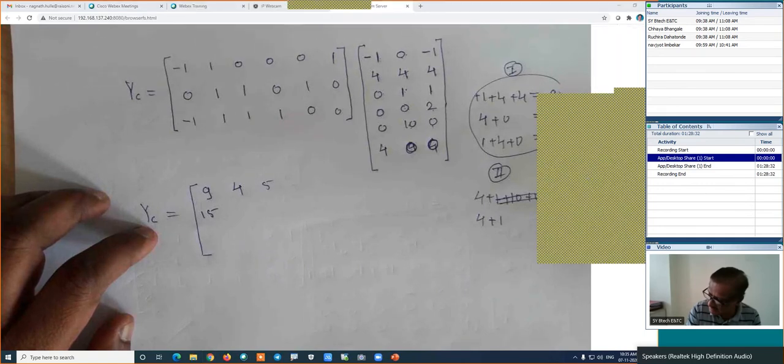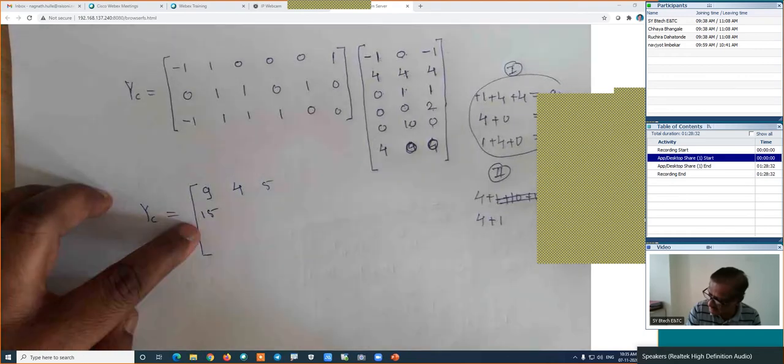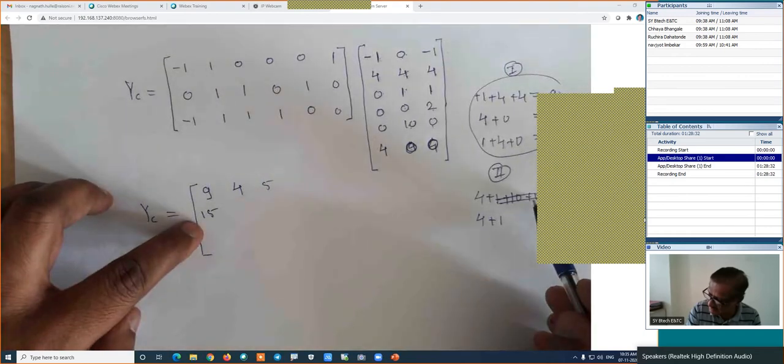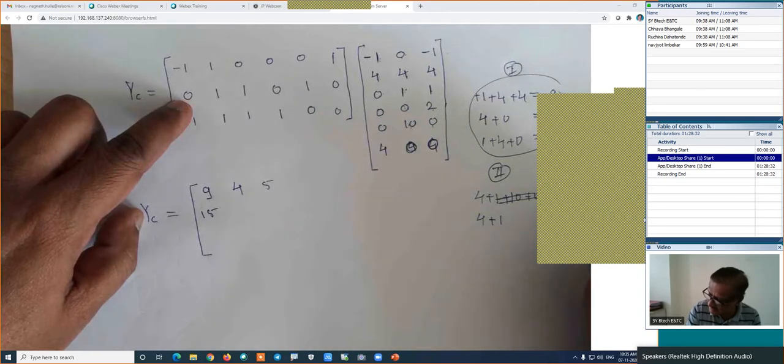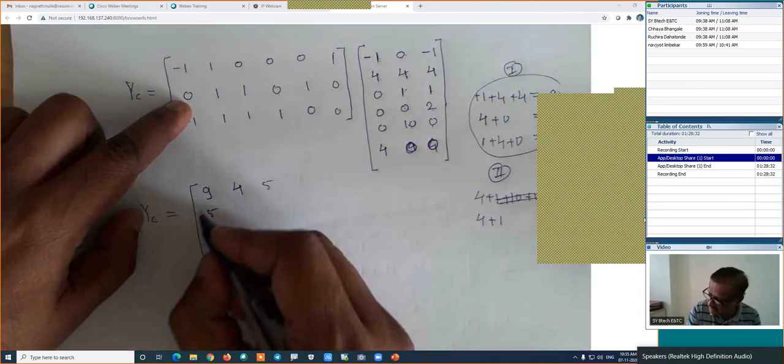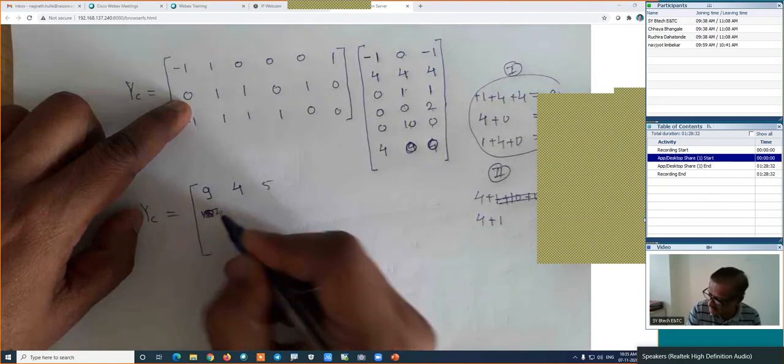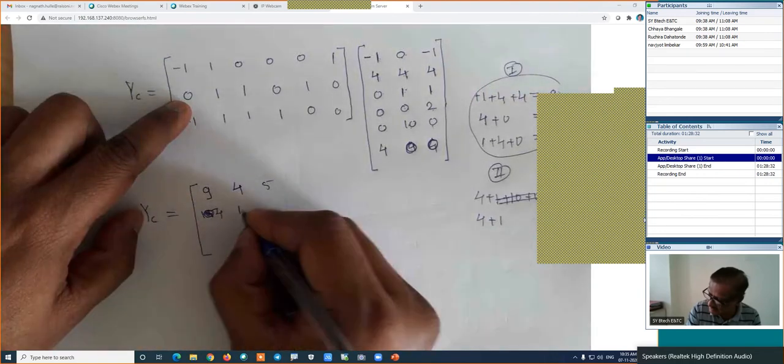Yes, Ruchira and Chaya. Yes, sir. Are you with me? How much is this calculation? Second row, sir, 4, 15, 5. 4? 15, 5. This is 4, I guess. First one is 4, sir. Second is 15. Is it right?